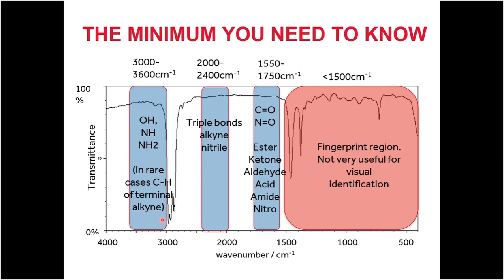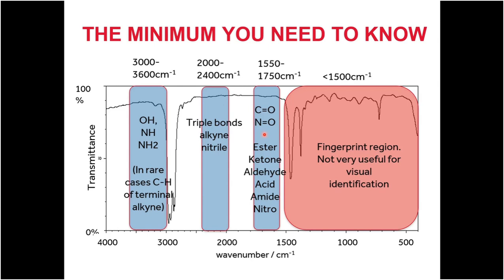So we have the region between 3000 and 3600 wave numbers that contains OH, NH and NH2 groups, and in rare cases the CH of a terminal alkyne. We have between 2000 and 2400 wave numbers, the region containing carbon-carbon and carbon-nitrogen triple bonds, and between 1550 and 1750 wave numbers, the region containing carbon-oxygen and nitrogen-oxygen double bonds.